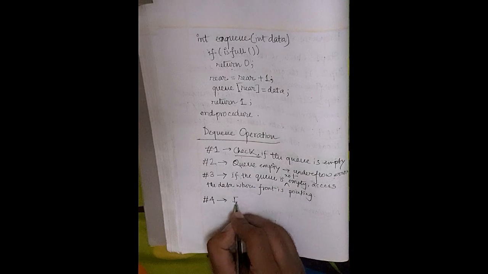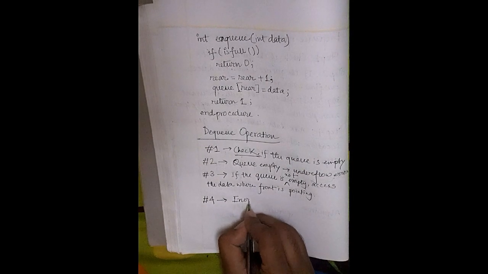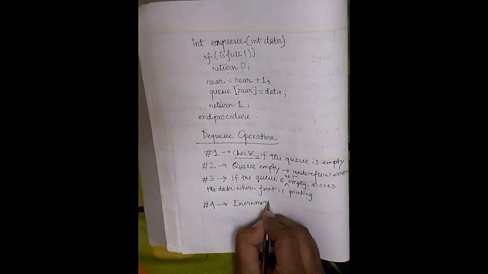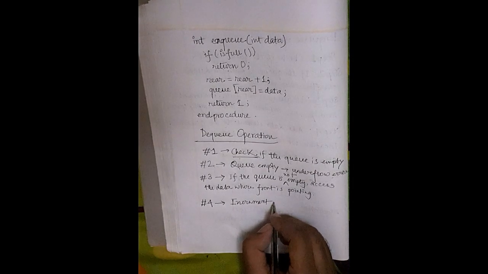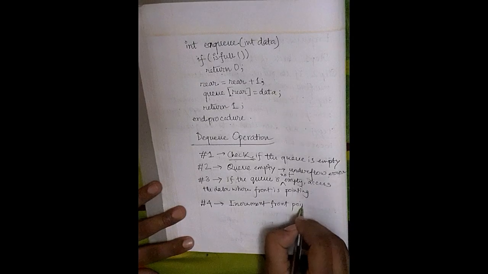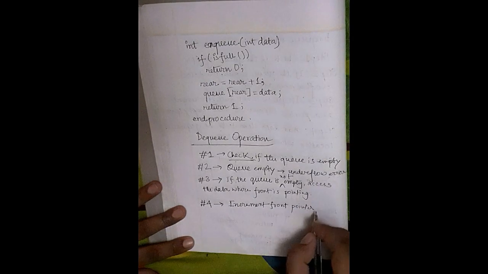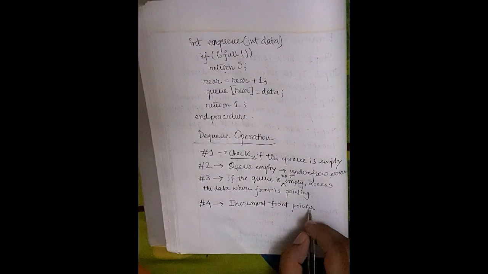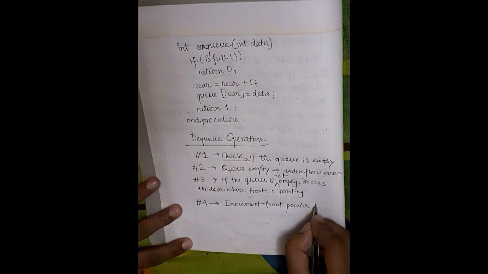Then go to step number 4. Then we need to increment the front pointer to point to the next available data element.